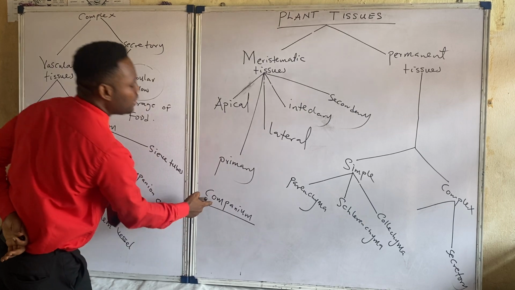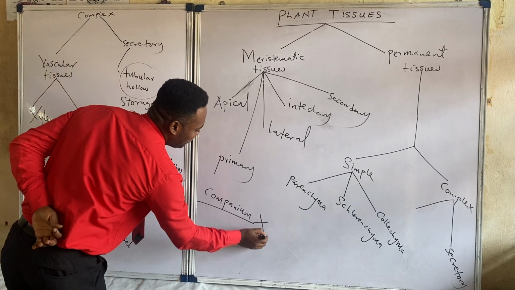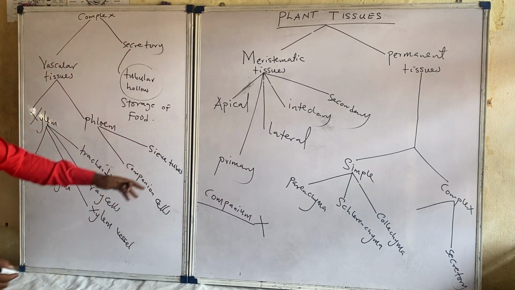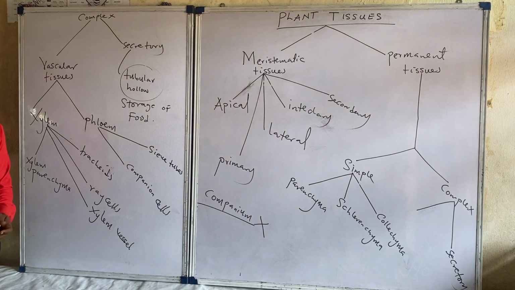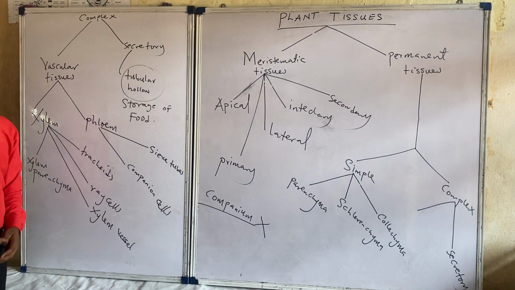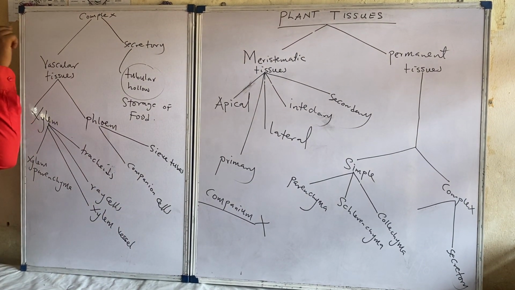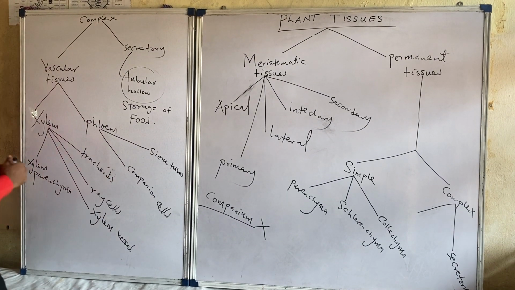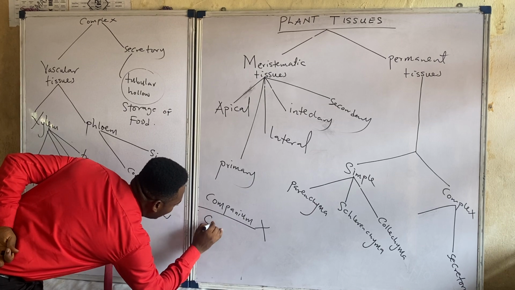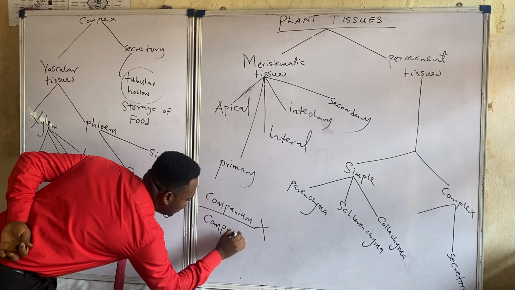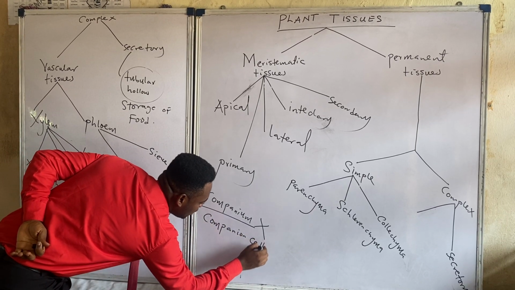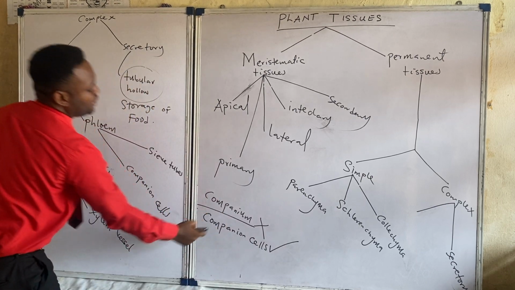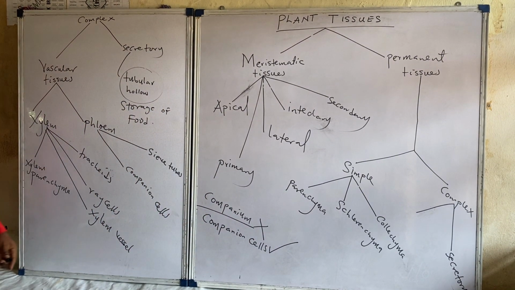Please, this is not the right spelling of companion cells. Some students pick that as an answer, but I'm cautioning you now that this is very, very wrong. This is the spelling of companion cells. So I'll put the correct one here. Companion cells. So take note of this. So this is correct, why that is wrong.